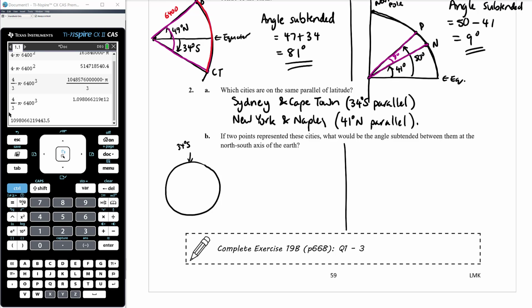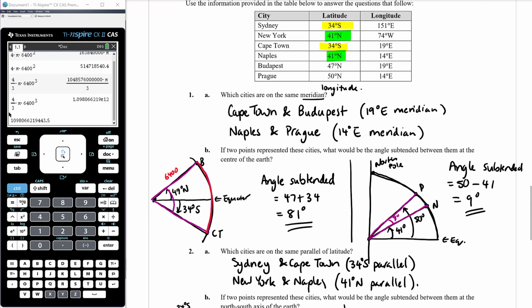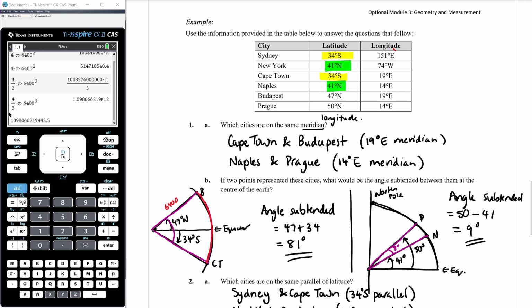Okay, we've got the center of the Earth in the middle. And we've got our prime meridian. For all intents and purposes, let's put that maybe here. Okay, so we need to think about their longitude. So Sydney is at a longitude of 151 degrees east, and Cape Town is at a longitude of 19 degrees east.